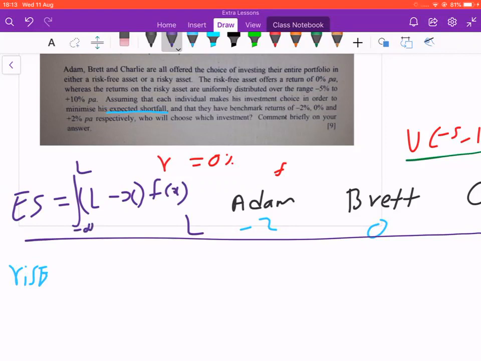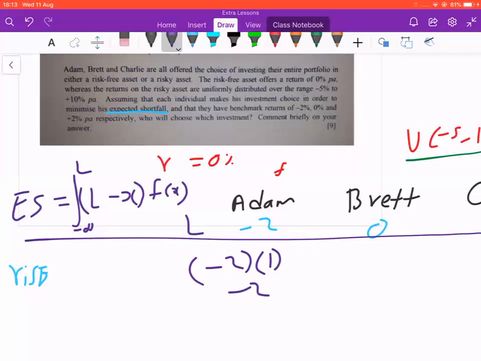So for the risk-free return for Adam, the benchmark is -2. -2 minus 0 is just -2, times the probability for risk-free, which is just 1. So he's expecting to lose 2 rand for the risk-free asset, definitely. This is going to be the shortfall.